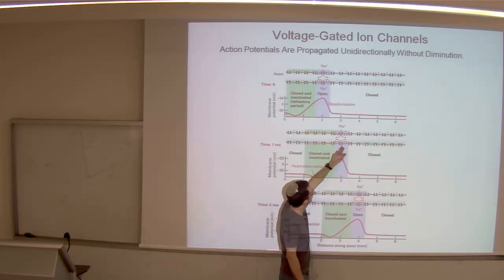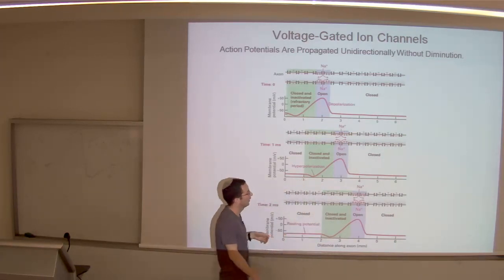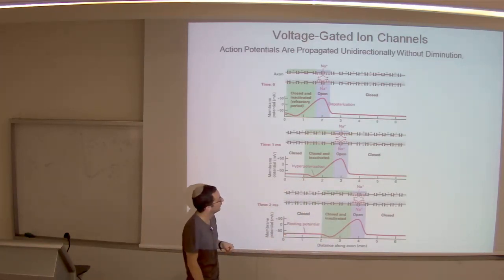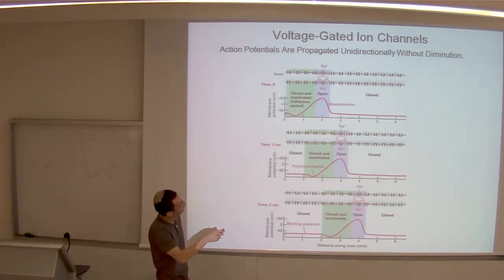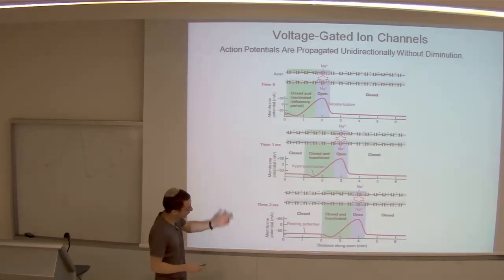And each time this active process of the voltage-gated channels gives a boost to the action potential, and that's what gives us the propagation without diminution until it reaches the terminus of this projection.